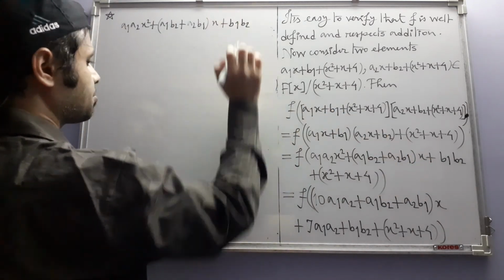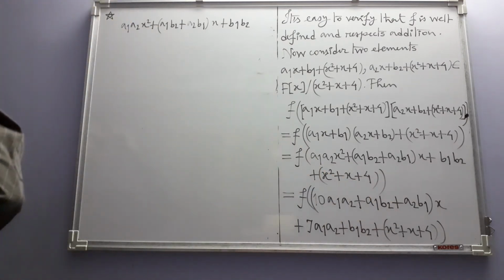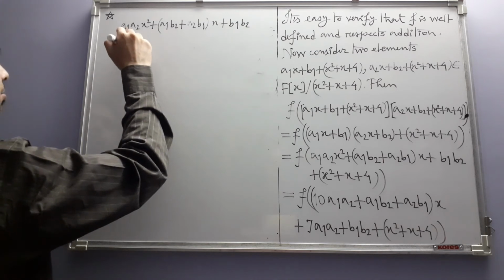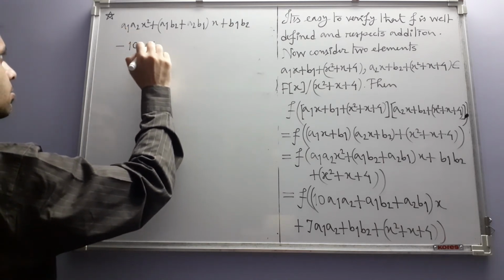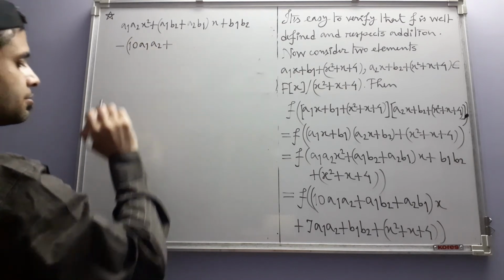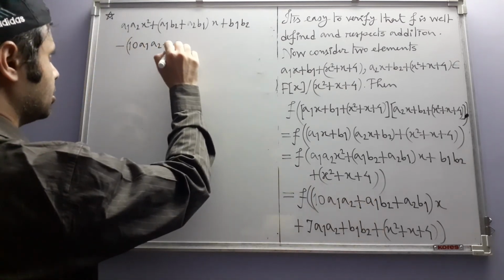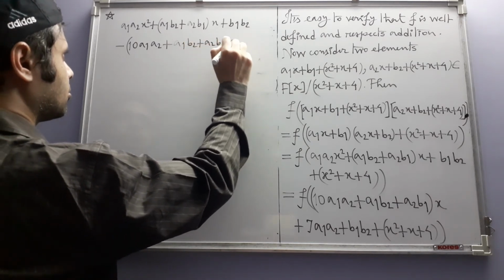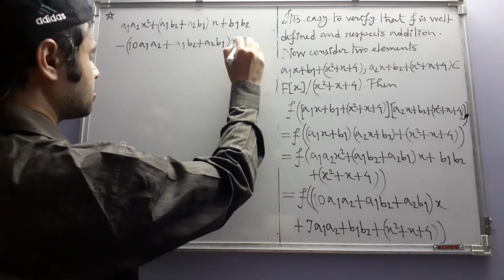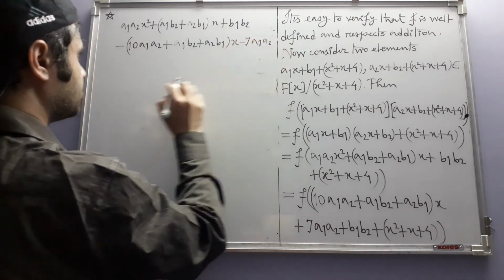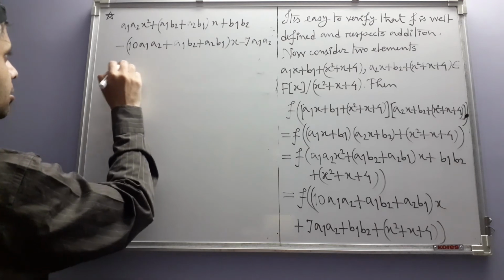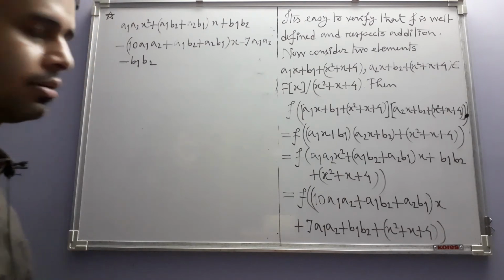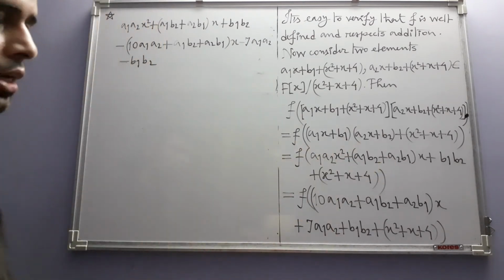This is the first polynomial giving us the first coset. Then the second polynomial is, we are taking difference now. So minus 10a1 a2 plus a1 b2 plus a2 b1 x minus 7a1 a2 minus b1 b2. This difference should belong to this ideal. Then only we can say that these two cosets are equal.